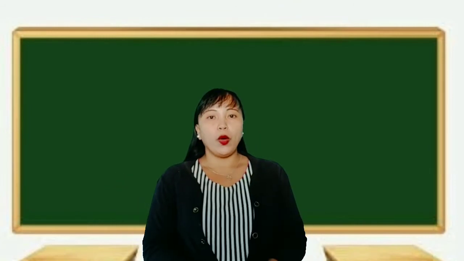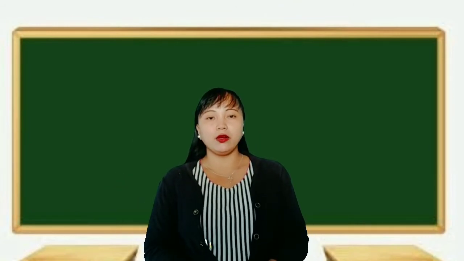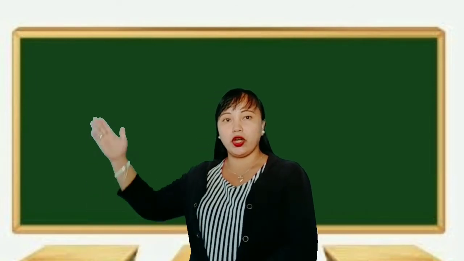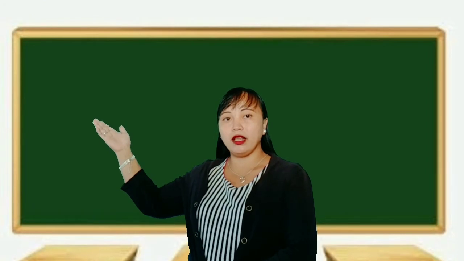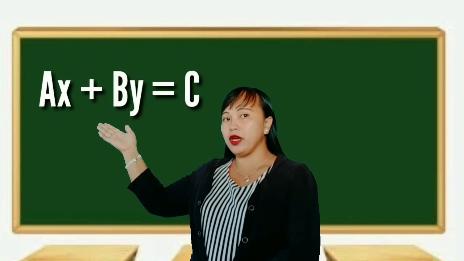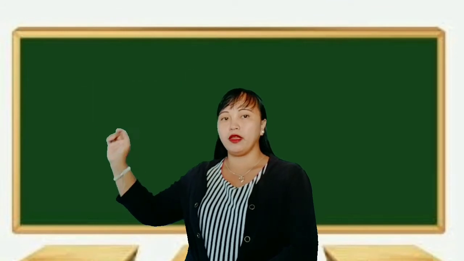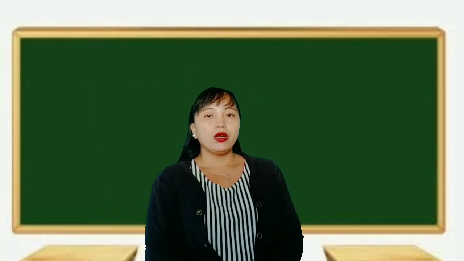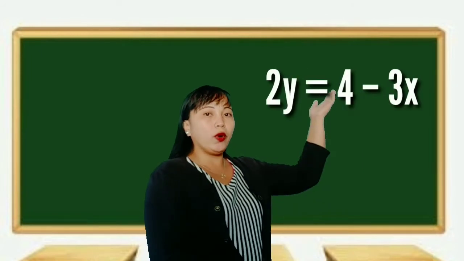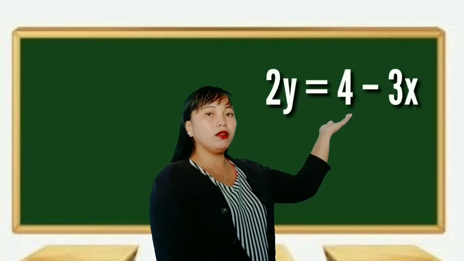So, when can we say that a linear equation is in its standard form? When a linear equation in two variables is written in the order of ax plus by is equals to c. Now, consider this equation: 2y is equals to 4 minus 3x.